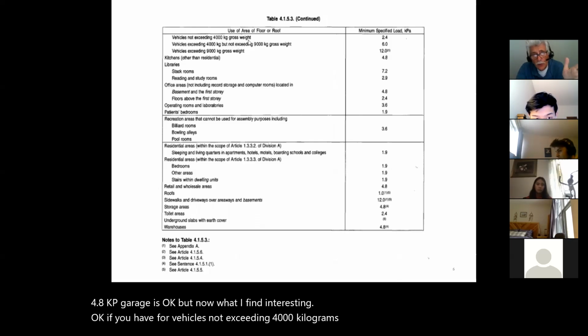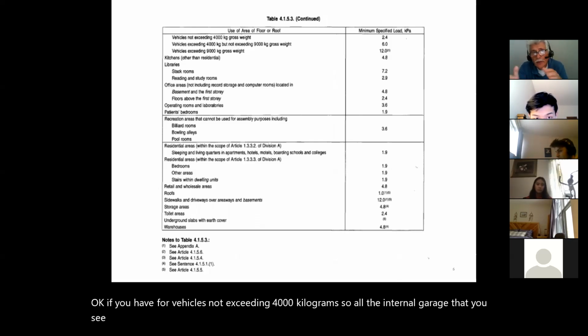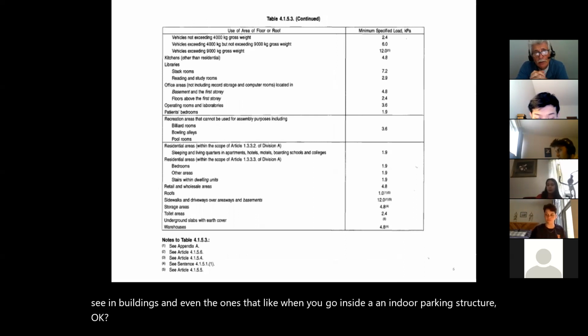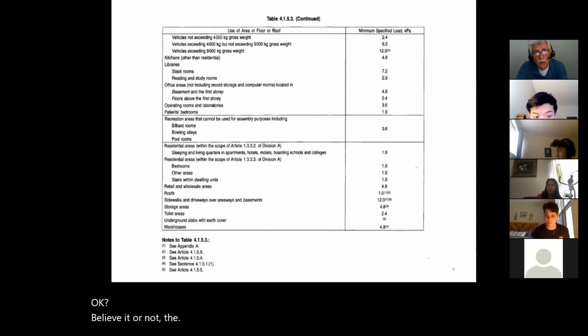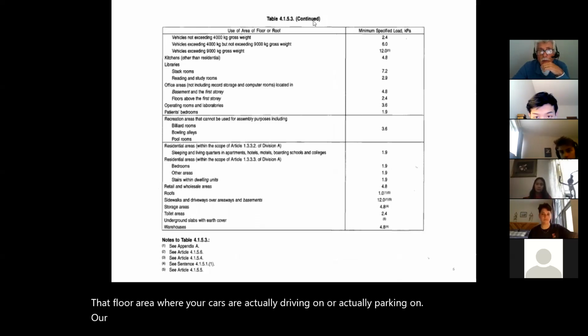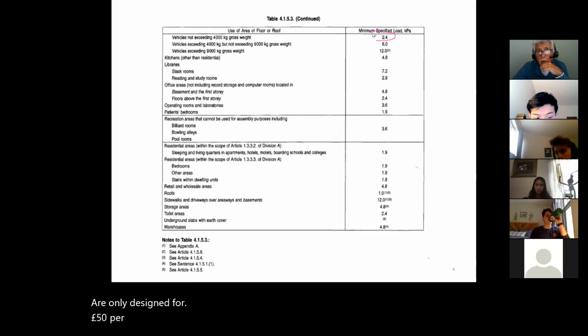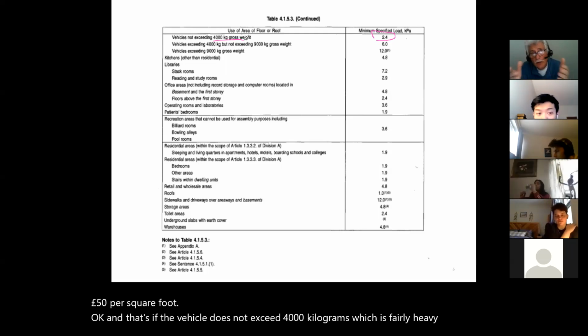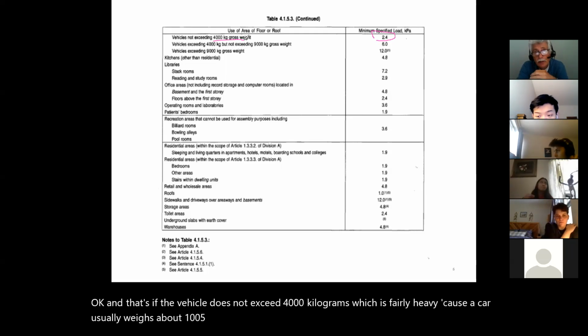So all the internal garages that you see in buildings, and even when you go inside an indoor parking structure, believe it or not, that floor area where your cars are actually driving and parking is only designed for 50 pounds per square foot. And that's if the vehicle does not exceed 4,000 kilograms, which is fairly heavy because a car usually weighs about 1,500 kilograms, not more than that.